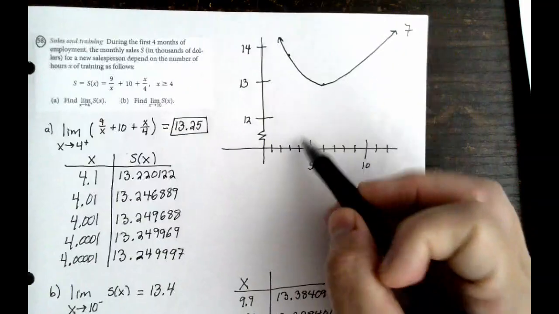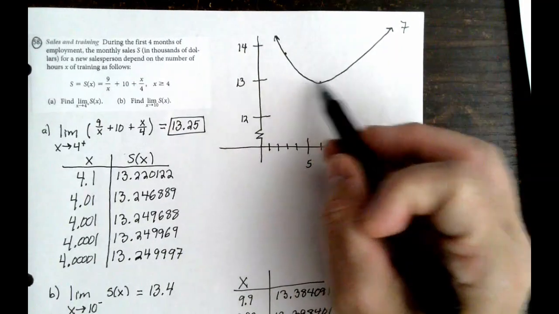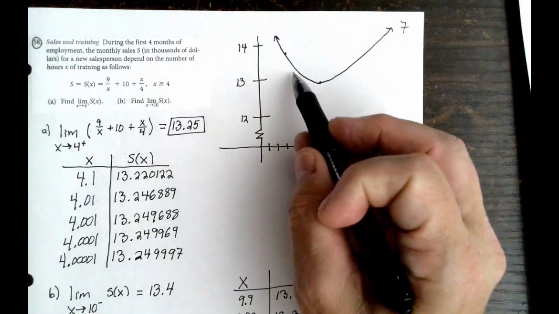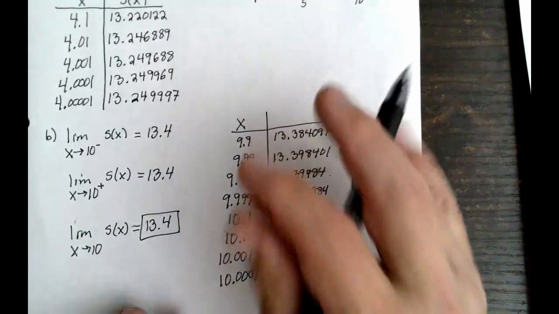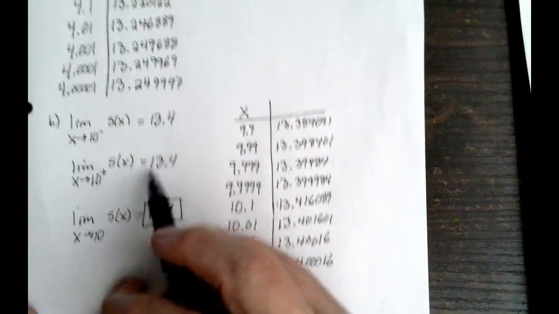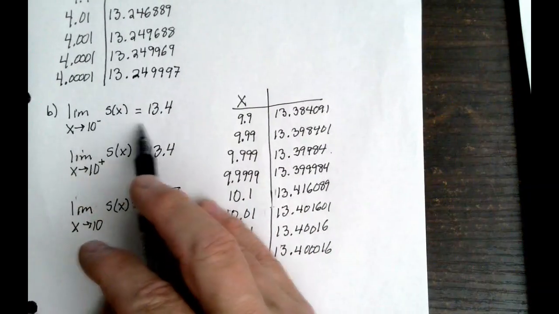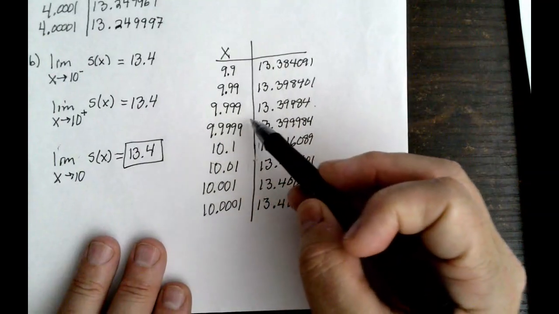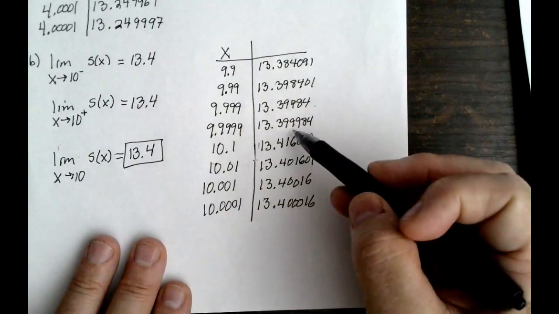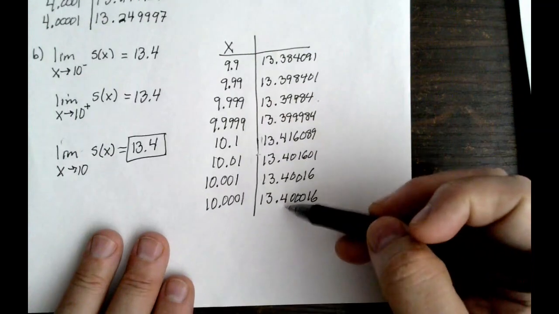If you look at this, 4 from the left, it does seem to be approaching 13.25. And then B, if you take this guy from the left and from the right, you can see that you're getting infinitely closer to 13.4 either way.